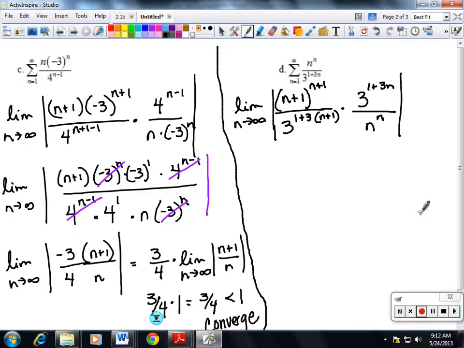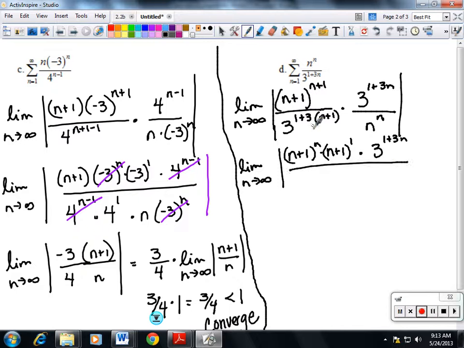Okay, so I'm going to rewrite it. That's the limit as n goes to infinity. That's n plus 1 to the n times n plus 1 to the 1 times 3 to the 1 plus 3n over, now remember, if I go ahead and distribute that out, right here, 1 plus 3n plus 3.